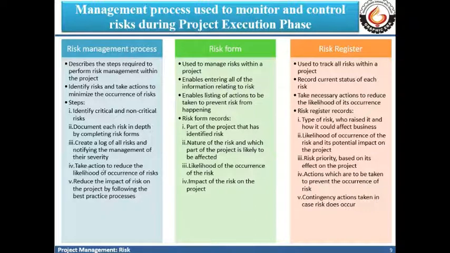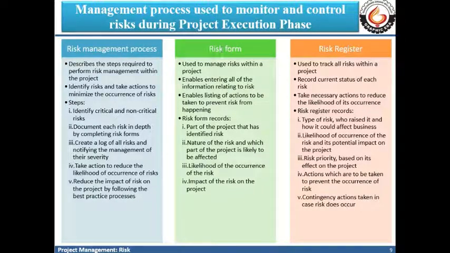Then we take different actions to reduce the likelihood of occurrence of these risks, and we try to reduce the impact of the risk on the project by following the best management practices available for such risk management. So we adopt them to minimize the impact in case the risk does occur.